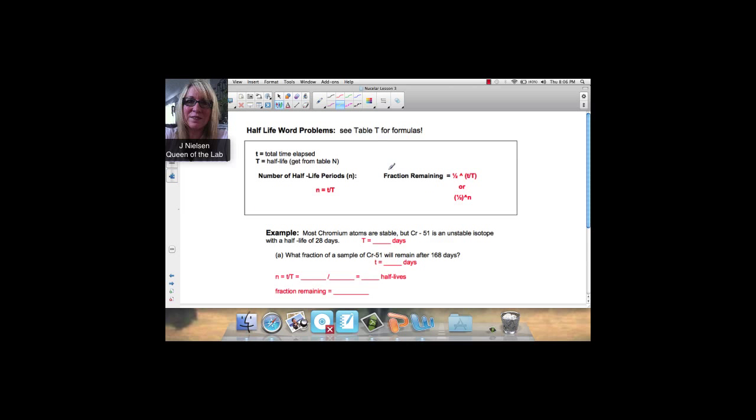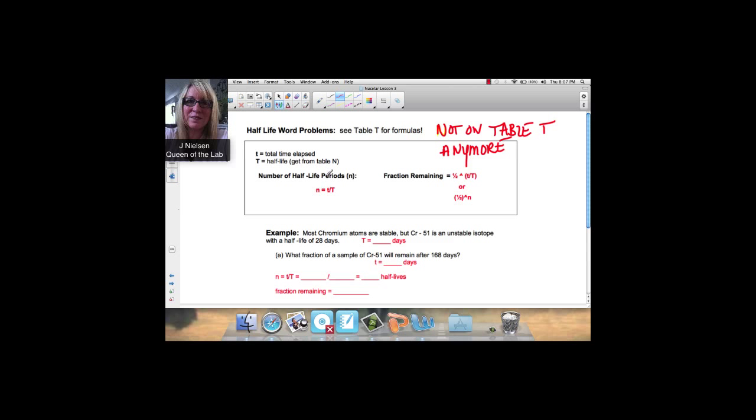Now, here's where things get tricky. They are not on table T anymore. They took the nuclear equations off.